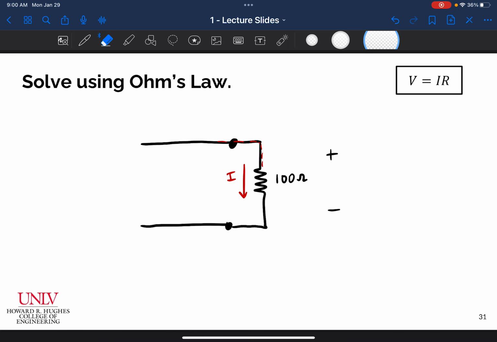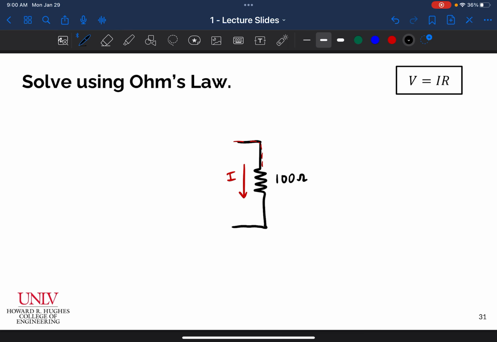Okay, all right, so we're really just going to look at this resistor by itself, because this is a good time to explain a little more about Ohm's law, and about how circuits work and what Ohm's law is really saying. I used it in the previous example, I'm going to use it in the next example, and you students will be using this all throughout the course, most likely every time you solve a circuit.